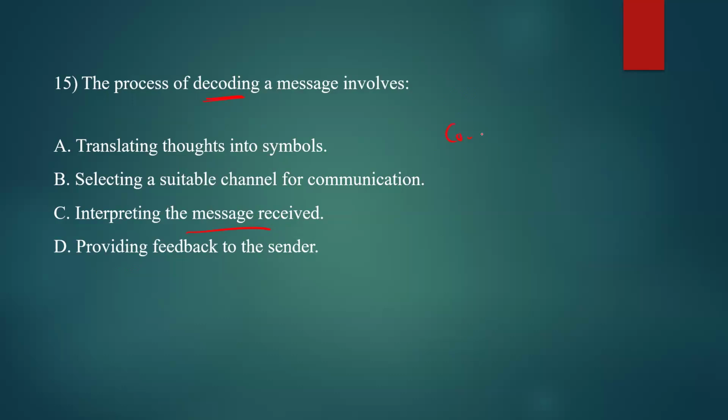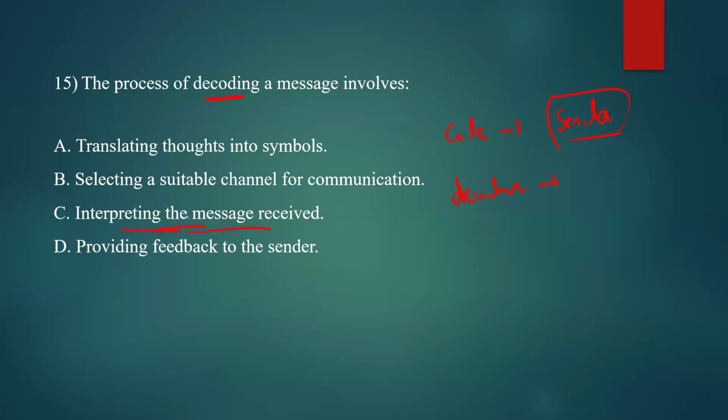Coding means who does it belong to? The sender, that is sending. I am sending a message to you. I am communicating, I'm talking to you. So I am coding the thing. The sender is coding. And what you are doing is decoding me. You are interpreting that message, the concept that I am discussing with you.